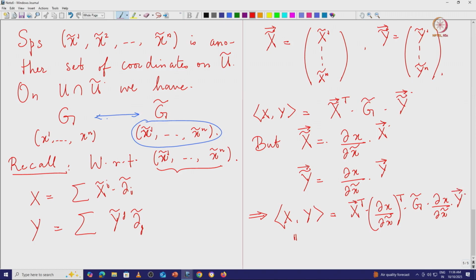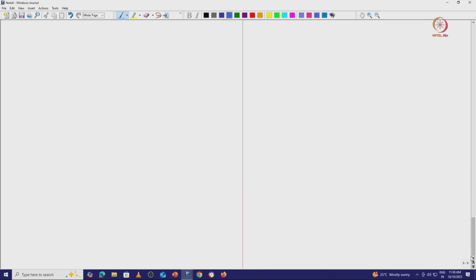But remember, this was also x transpose times G times y. So now if you set these two equal to each other, you get a formula relating G to G̃. Okay, so let me write that out in the next page.